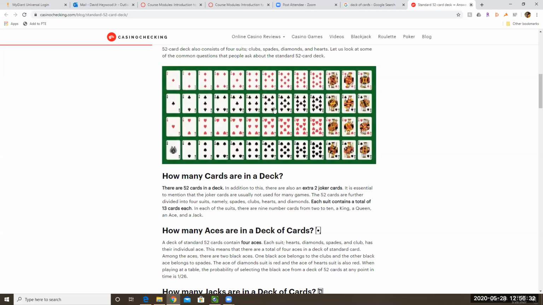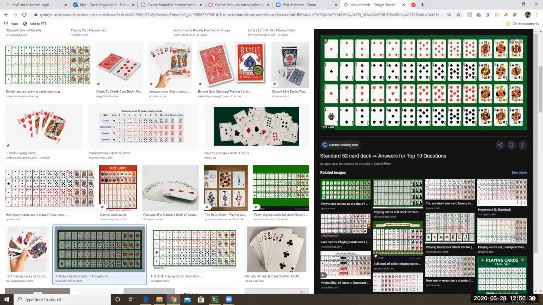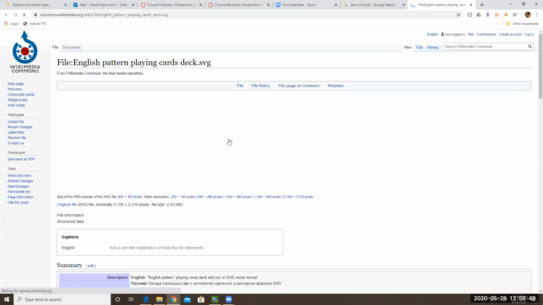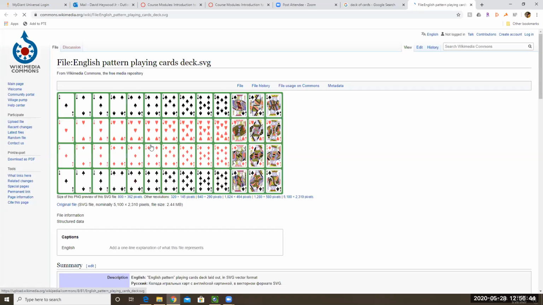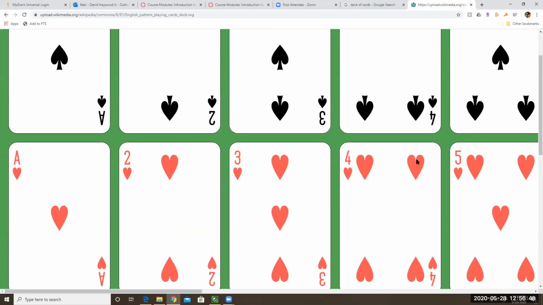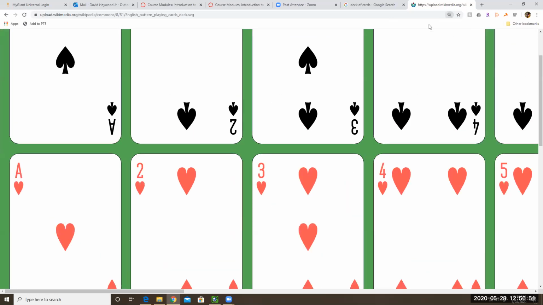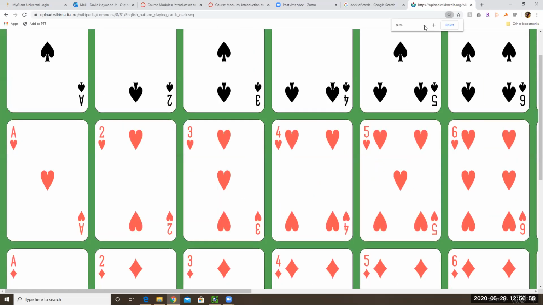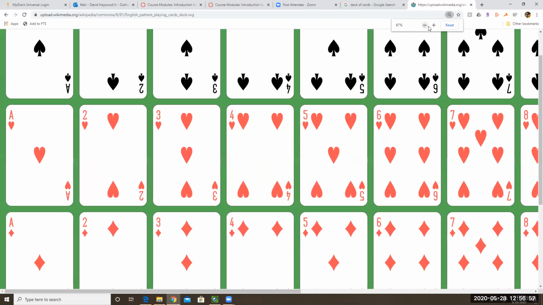No? Let me choose another one. This comes from Wikipedia or something. Wikimedia. I should be able to. Oh, wow. Okay. How do I zoom out now? Okay, here we go.